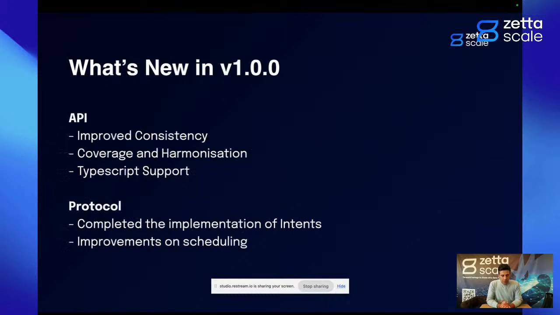Now, what's new in 1.0? Real quickly, as we covered last week, we did quite a bit of work to ensure consistency and coverage between APIs. We ended up building some tools ourselves to automatically check the coverage of the API across the zillion of language bindings that you have.